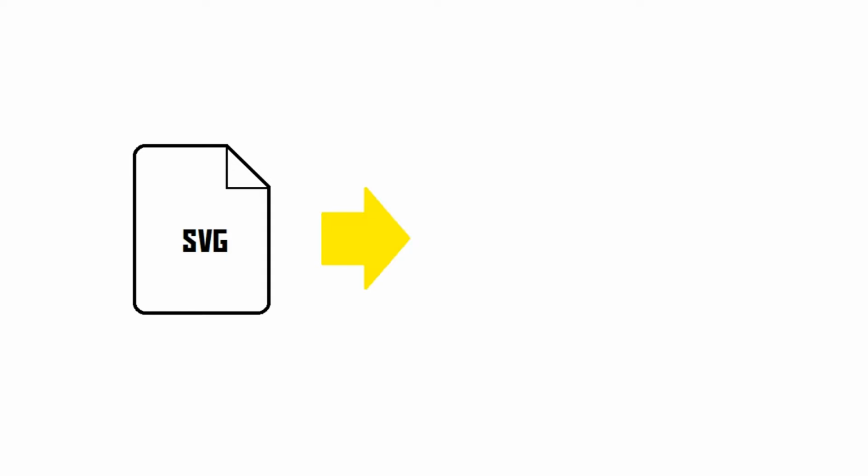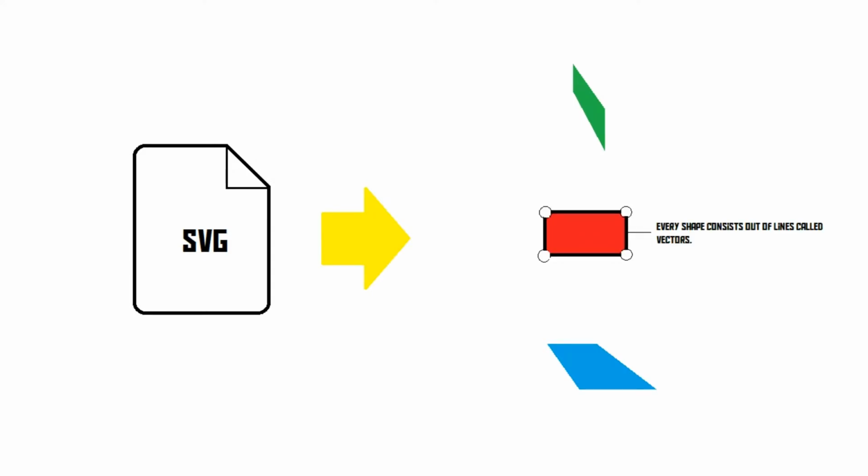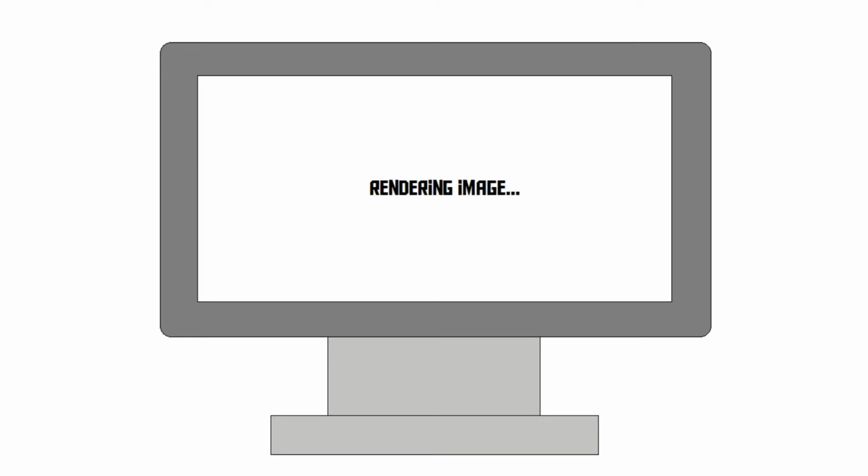Instead, it tells the computer how to draw the image. In our case, the vector file tells the computer, draw a green shape like this, a red rectangle, and a blue shape like this. After that, the computer follows the instructions and draws all of these shapes on the screen. The shapes then form the image.